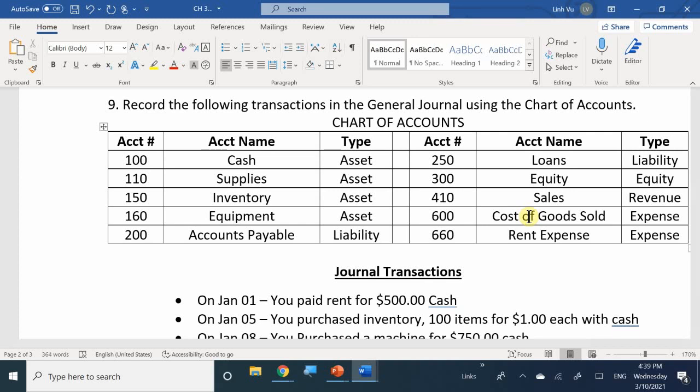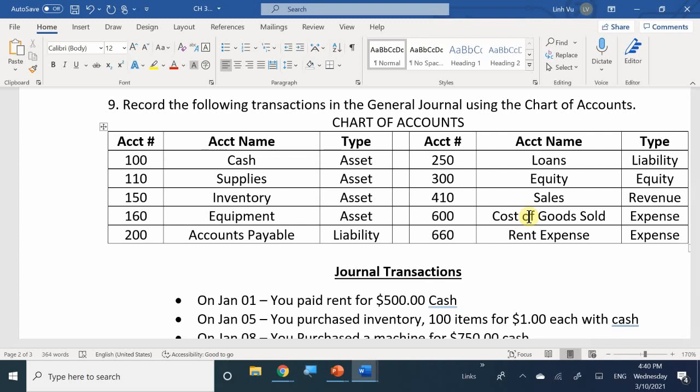That's correct, because what did we pay? We paid rent. We paid with cash. So we're decreasing the money that we have, and therefore we're going to credit that account.